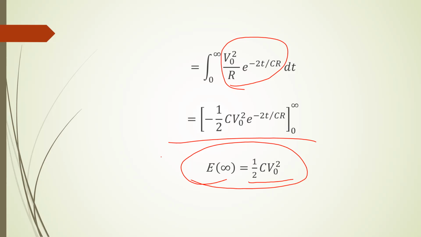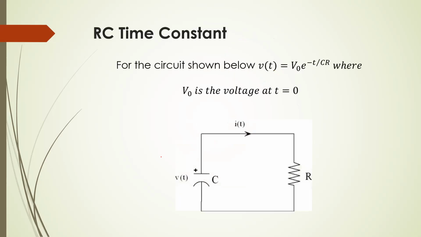So I want to continue by talking about RC time constants. Here we have a circuit, and we already have established our voltage, or instantaneous voltage.